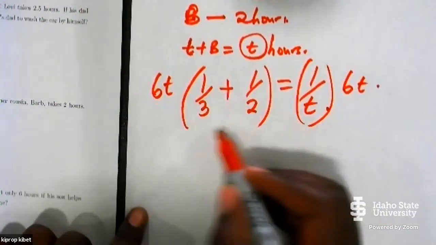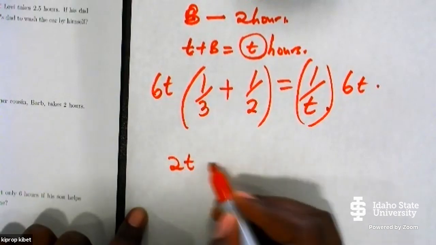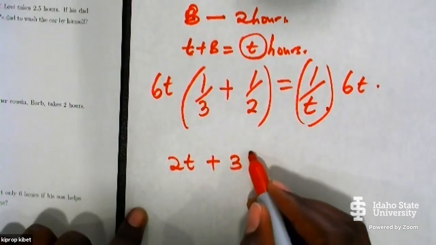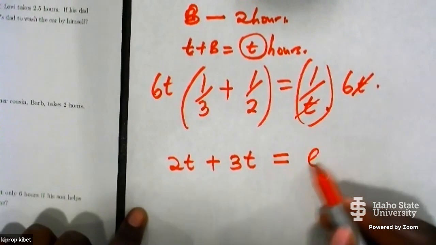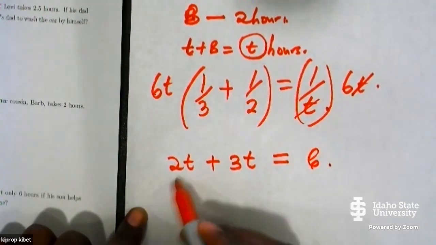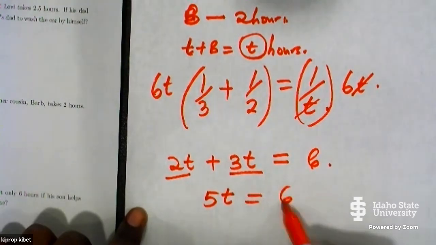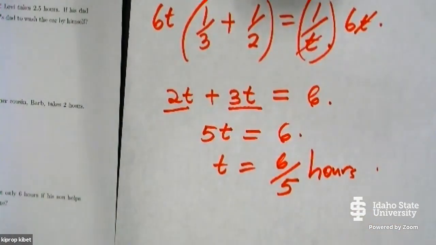So when you cancel here, you get 2T plus. When you cancel this and this, you get 3T equals to what? When you cancel that and that, equals to 6. So this and this will be 5T equals to 6. T equals 6 over 5 hours. So it will take 6 all over 5 hours for them to complete.